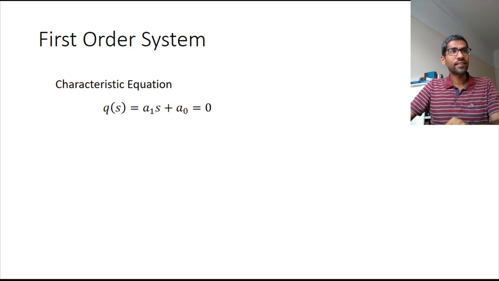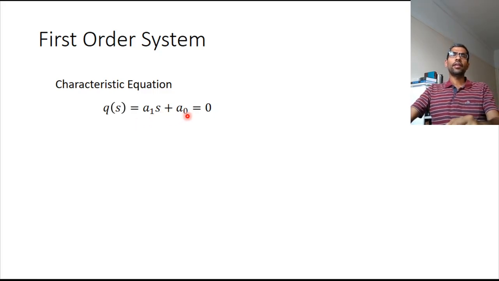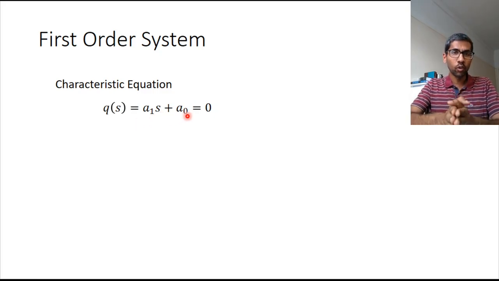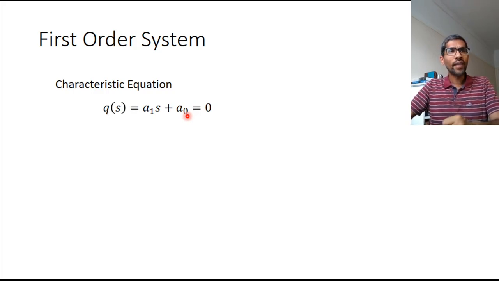Let's say the first order system has a characteristic equation as shown here. Now, if we find the roots of the characteristic equation, that gives us the poles of this transfer function, right? So when are these poles going to have negative real parts?